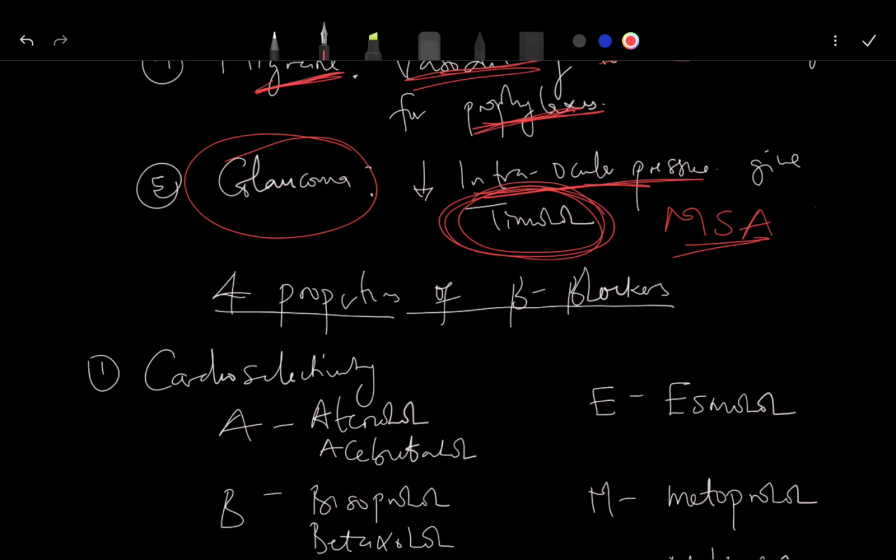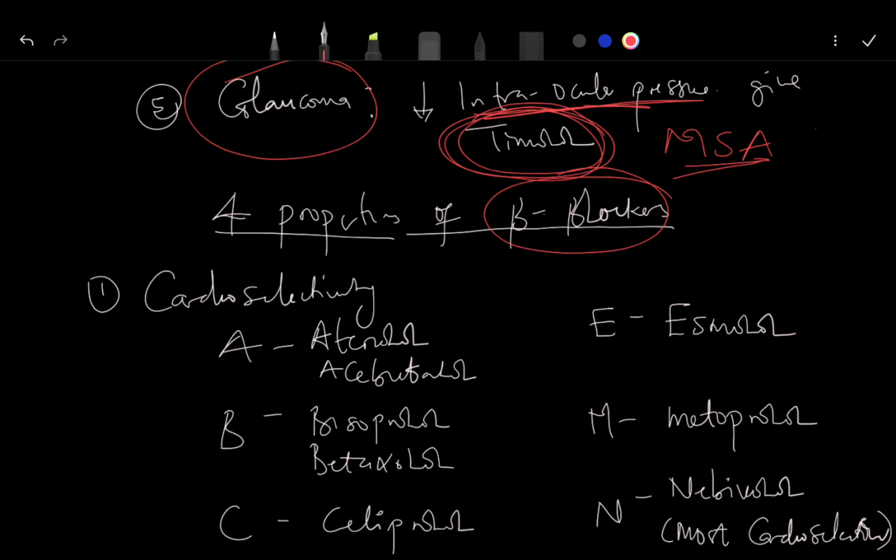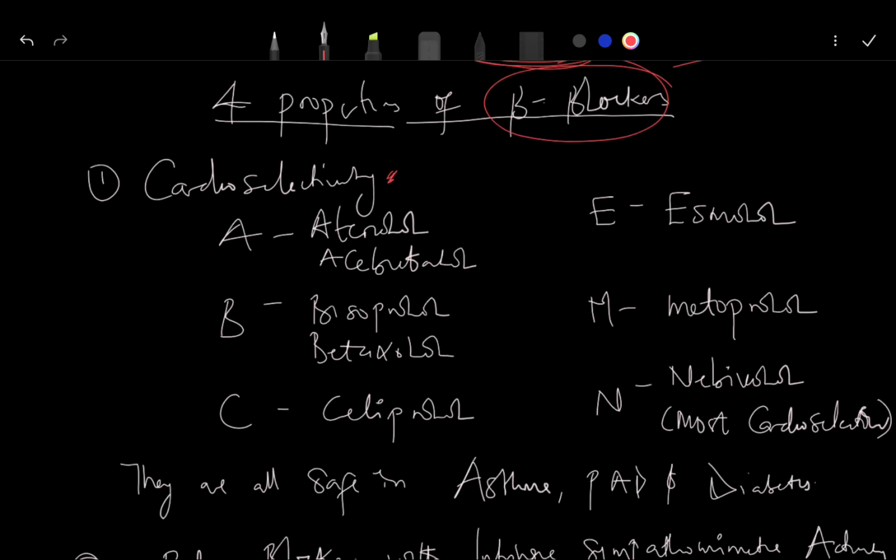Then lastly, we will end with some of the properties of beta blockers. The first property here is cardioselectivity. For this, the mnemonic is A, B, C, E, M, N. For A, we have atenolol, acebutolol. For B, we have bisoprolol, betaxolol.